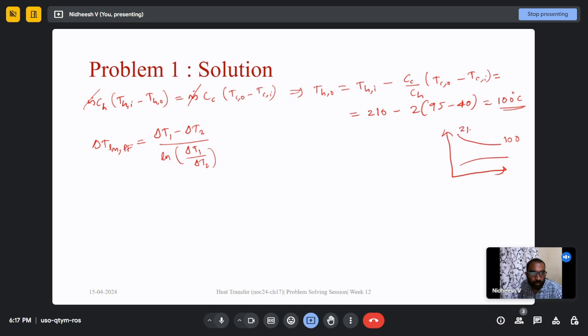This is 210, this is 95 and this is 40. So this becomes equal to 210 minus 40, that is 170, minus 100 minus 95, that is 5, divided by ln of 170 by 5.